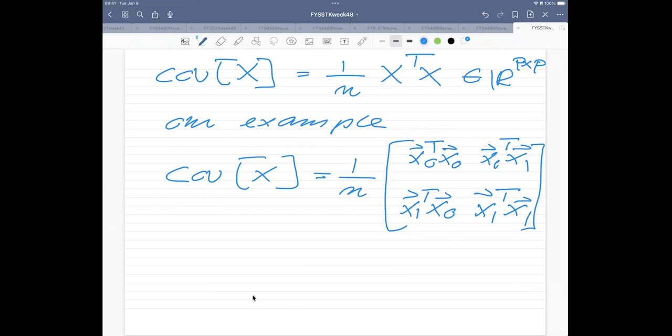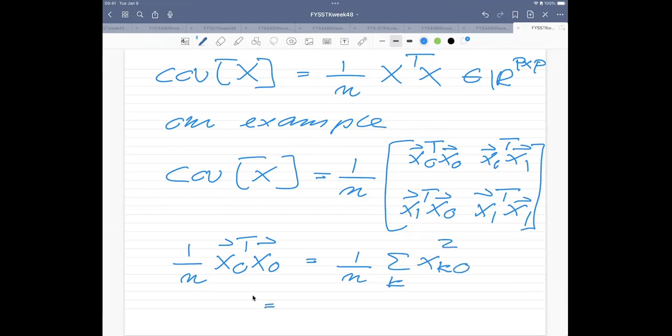And a quantity like this one, 1 over n of x0 transpose times x0, it's actually 1 divided by n times the sum over k of xk0 squared. So in principle, this is actually given by the tildes.